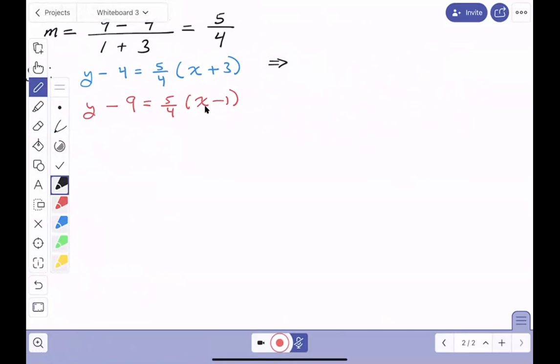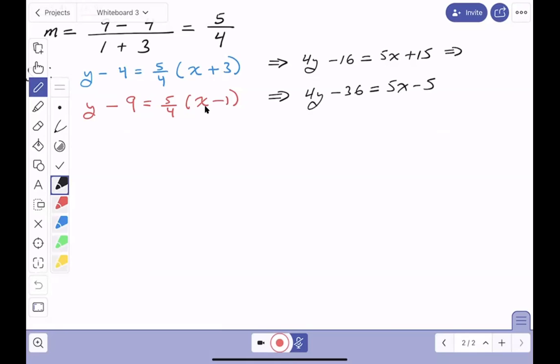I would multiply both sides by 4. You would get 4y minus 16 equals 5 times x plus 3, which is 5x plus 15. Let me do this one over here: 4y, multiplying both sides by 4, minus 36 equals 5x minus 5.